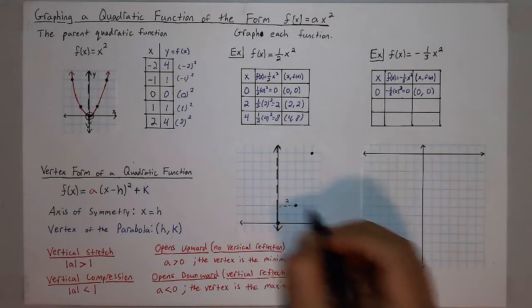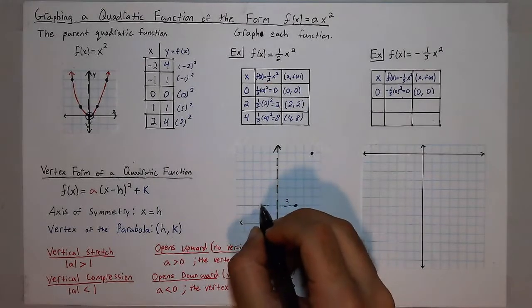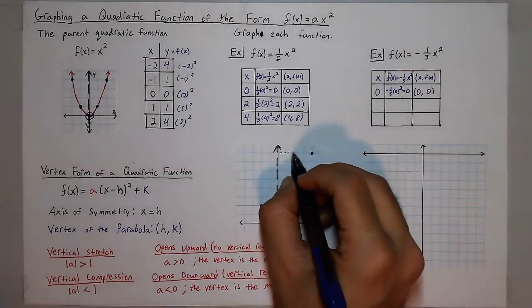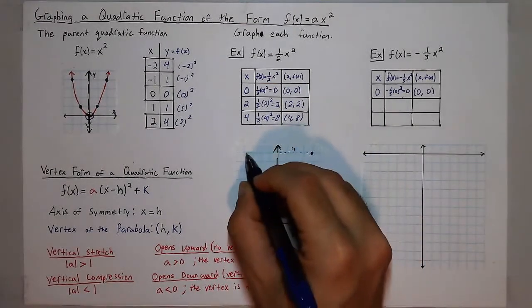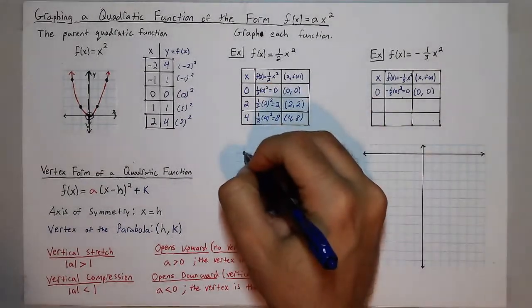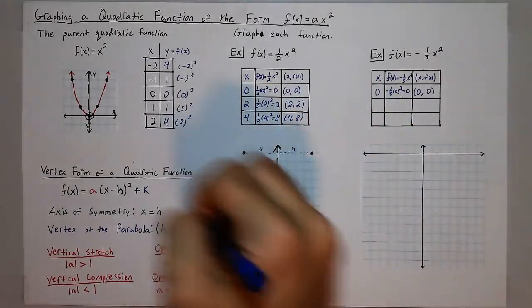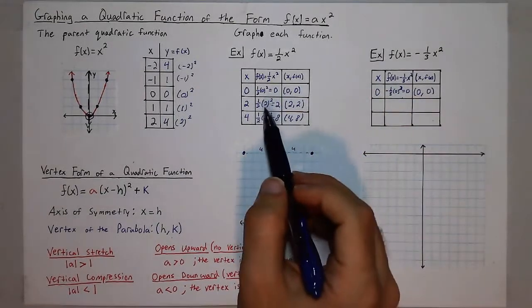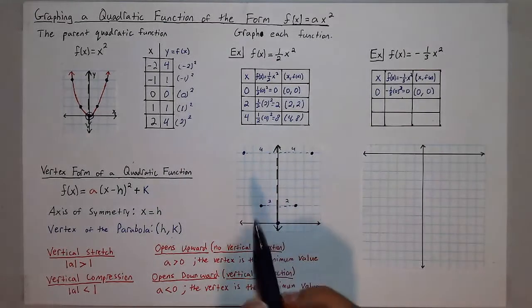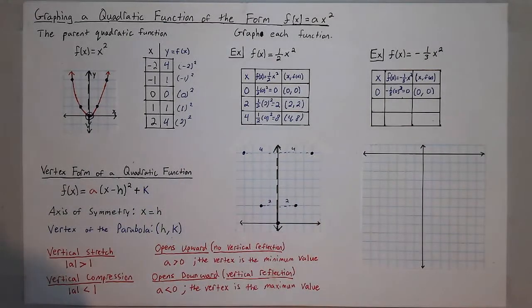If this one's 2 off in that direction, I can go 2 off in the other direction and get another point. This one's 4 off to the right, so I can go 4 off to the left and get another point. And that can help me create my parabola. So I really only need points on one side of my parabola, and then I can reflect them all backwards to find all the points I would need.